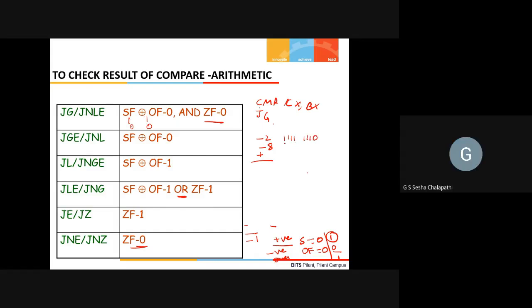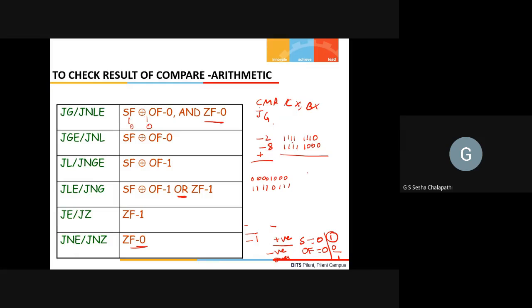And -8, tell me -8, not 8. 1000, right? I hope this is right. Then you have the two's complement of that, 0111, plus one. Yes, it should be this. Okay, so this is -2 and this is -8.